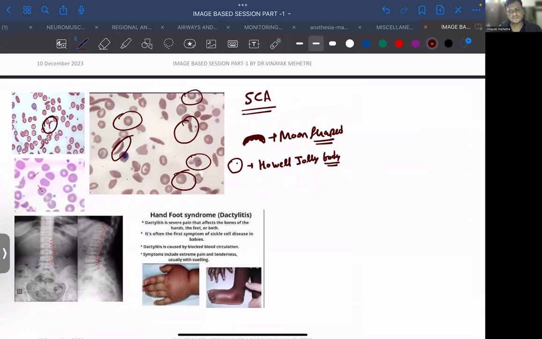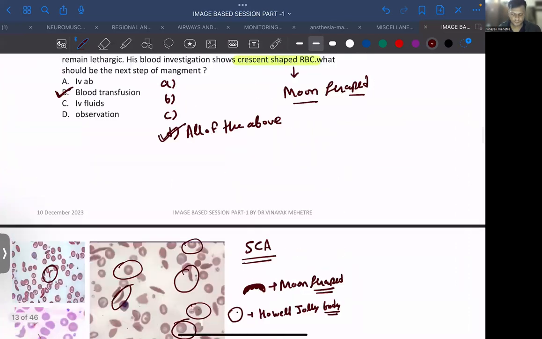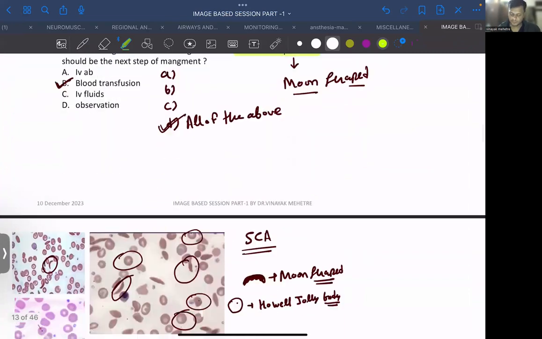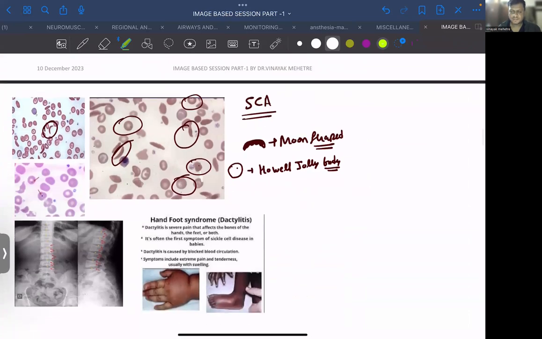Now, what will this patient have? It is written here also. Mental problems, right? This patient will be presented with mental problems. And can this patient have something else? The RBC is sickled.